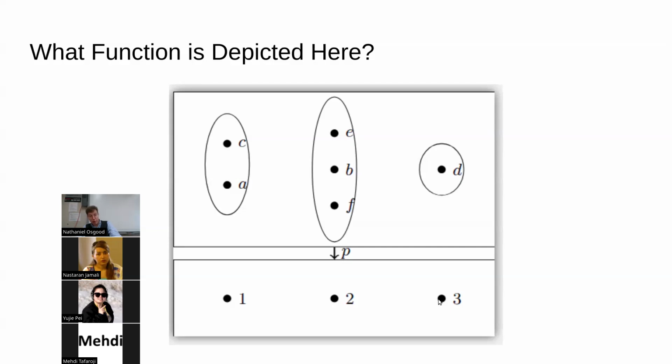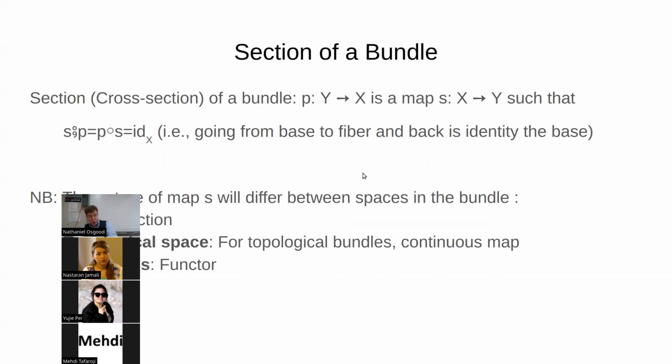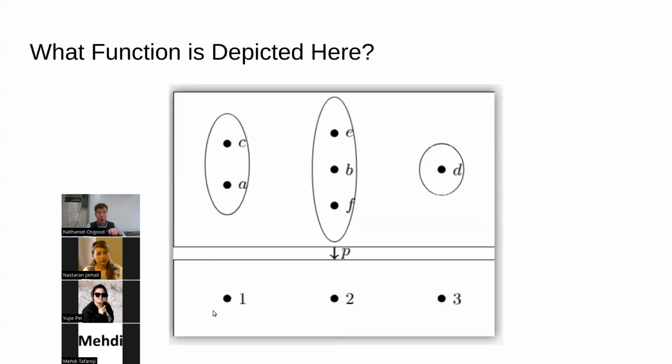You're at 2 or 1 or 3. If you think about these as different points in a space, like a topological space, the set of choices may differ here. This turns out to be really, really useful compared to just saying it's mapping from this to A, B, C, D, E, F. You actually capture more structure here. 1 can only map to these 2. 2 can only map to these 3. Okay.